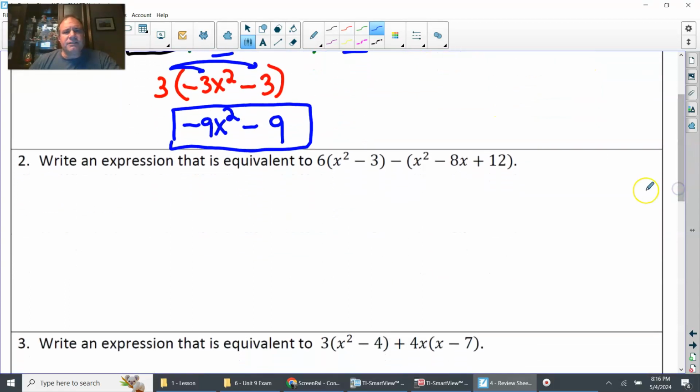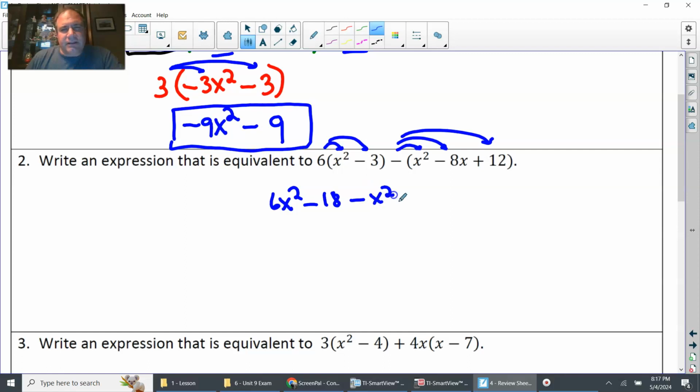Write an expression that is equivalent to this. I'm just going to go ahead and do distributive property right here. 6 times x squared is 6x squared. 6 times -3 is -18. And then I'm going to distribute this negative throughout. When you distribute a negative, it changes all the signs of everything inside the parentheses. And then we're going to combine like terms.